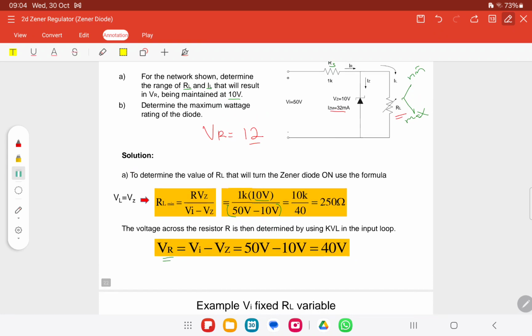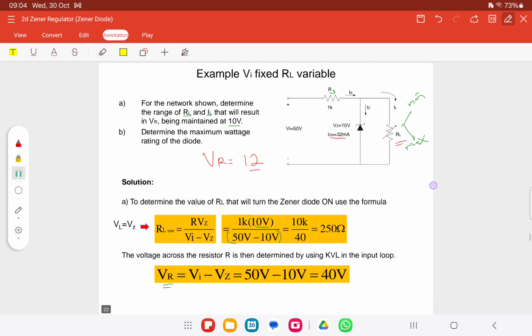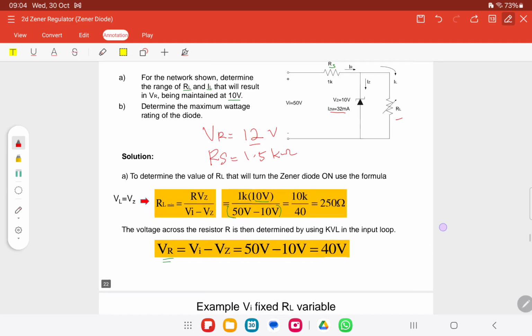Kita try buat jadikan 12 lagi, ataupun kita tukar RS jadikan 1.5 juga. RS tukar 1.5. Saya tak tahu dapat apa jawapan. Kita try je.